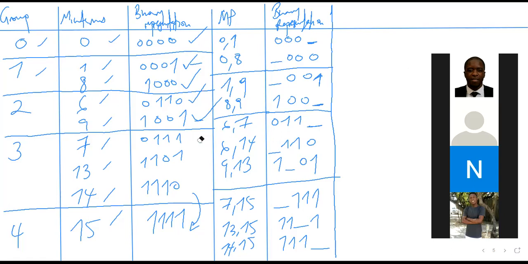It will be very useful when identifying our prime implicants. You can do this process at the end, but I'm doing it now because of my time. 13 here, 14 here, 15 was used down there. So at this stage, all the implicants were used.